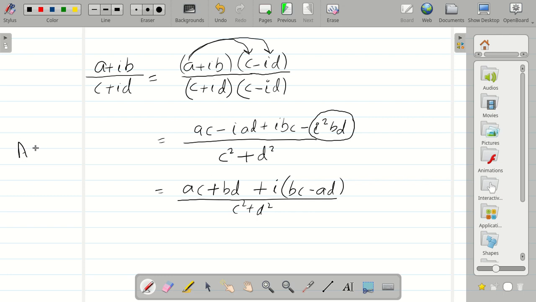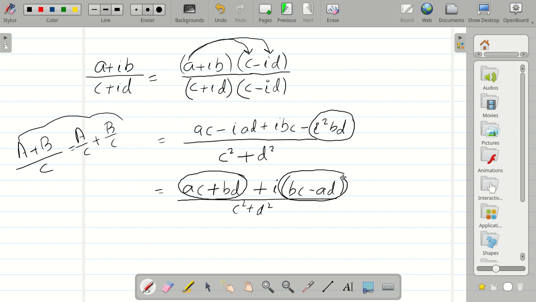By the way, in your high school algebra, you learn a plus b, the whole divided by c can be written as a by c plus b by c. So we have the real part over here and we have the imaginary part over here for the numerator, and the denominator here.